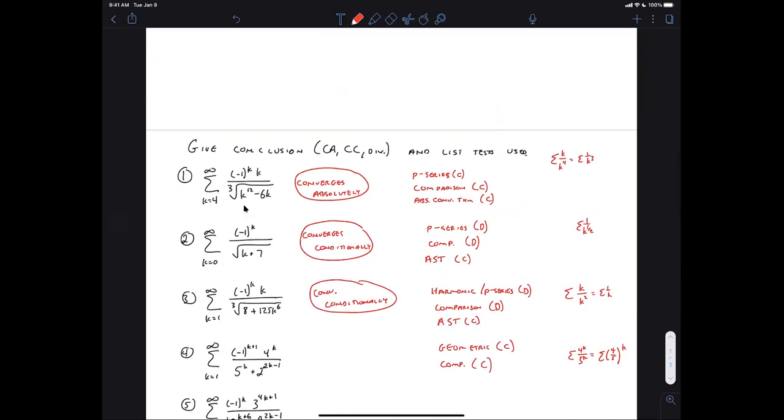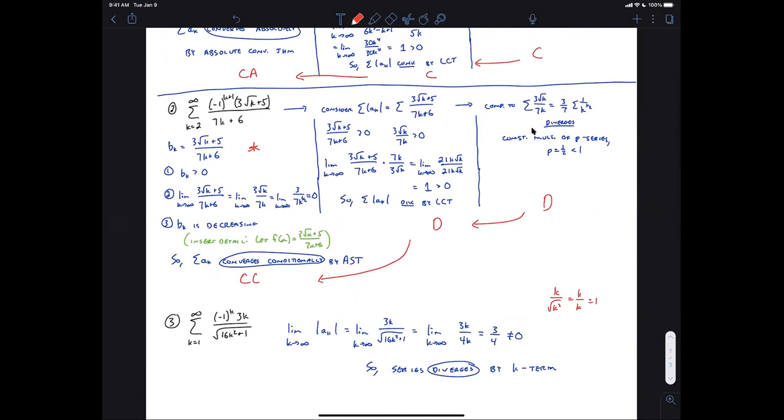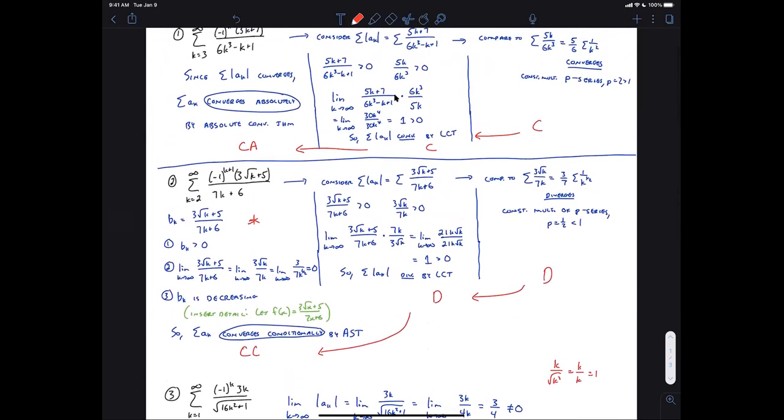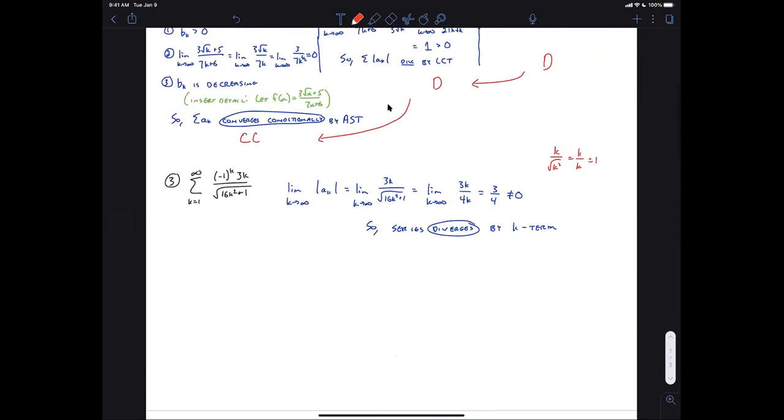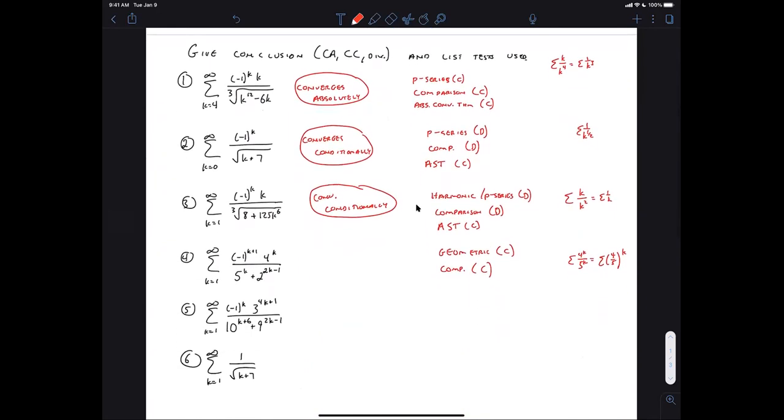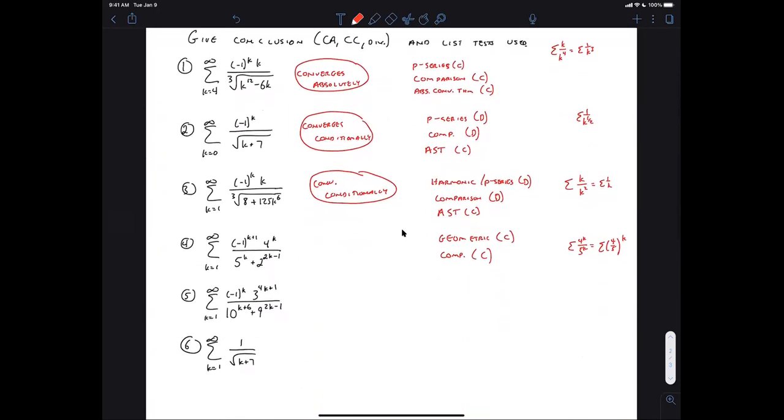So same structure as the ones up here, except geometric here, converges. Either direct or limit comparison here, converges. That means the one on the left, the original, converges absolutely. And it'd be the absolute convergence theorem. Everybody clear?